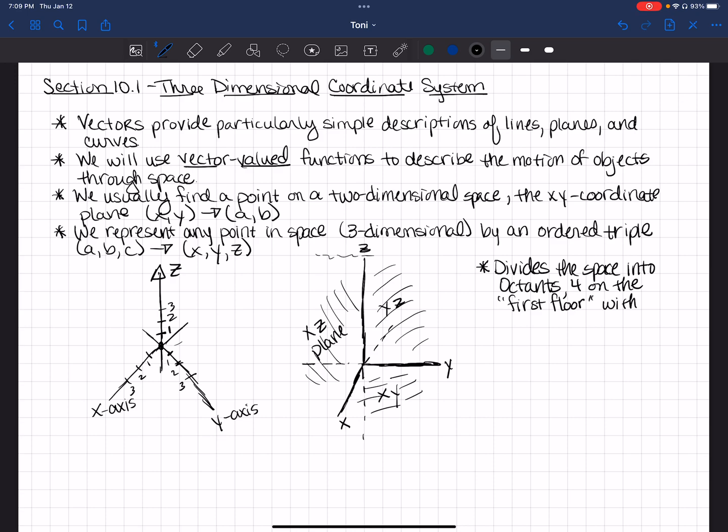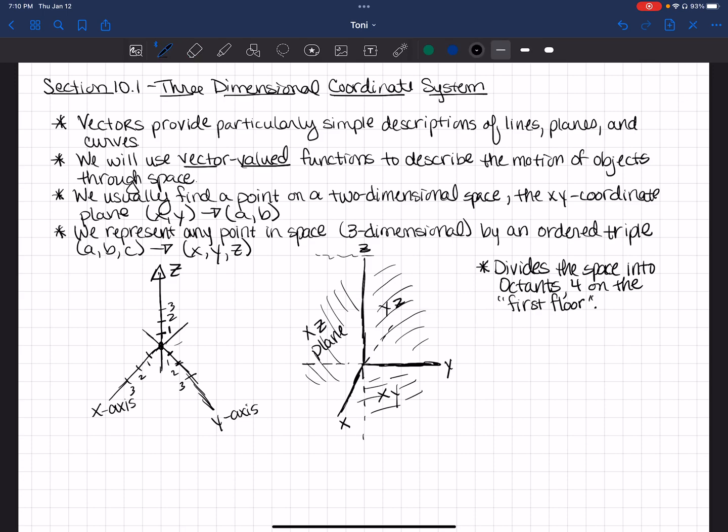Let's say 4 on the first floor. We're not going to say that other part. Okay? Let's see what else I said. Oh, this is important.